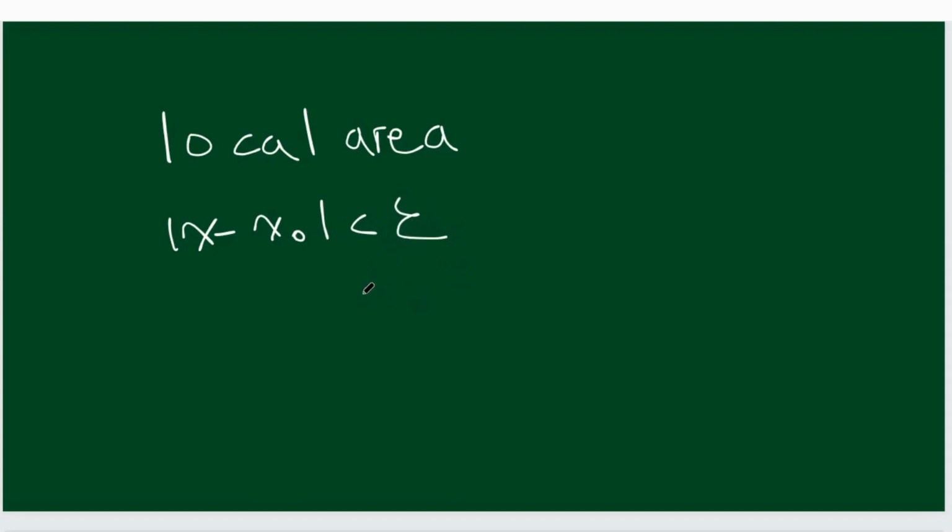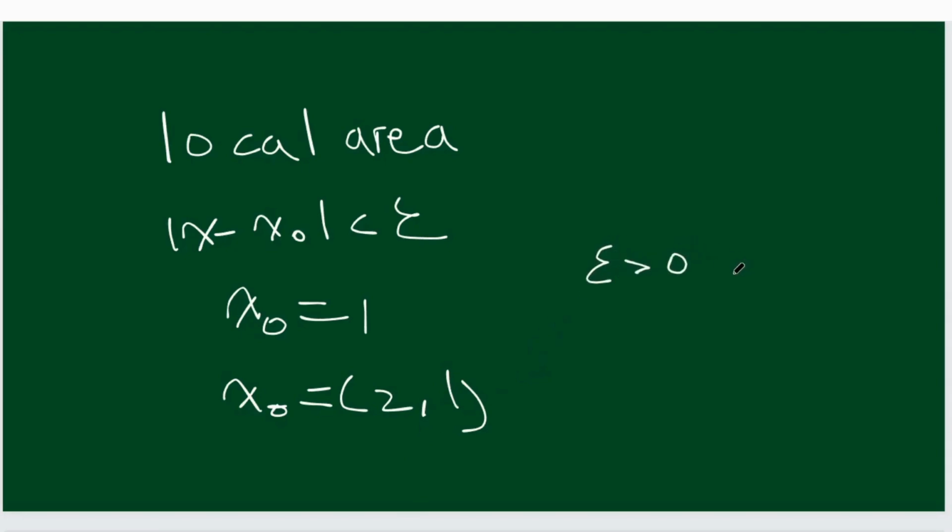Here, x0 is a specific point, such as, for example, x0 can be 1, or x0 can also be 2. And epsilon is greater than 0. Epsilon can be a very, very small number, such as 0.01, or 0.001, for example.